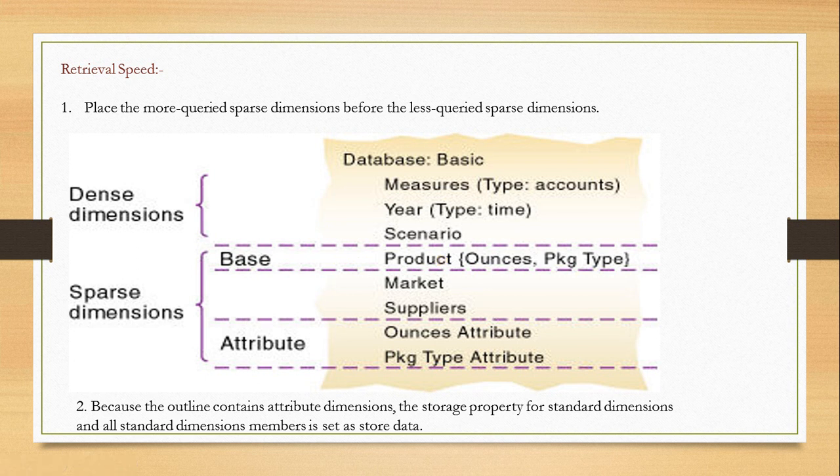If it had been a situation where I want the data to be retrieved by market positions, if I had an attribute based on large market, small market, or middle market, and most often I want to see how much sales my middle market is expecting next year, or the actuals based on the size of the market, then I would have placed the market first and the product second.